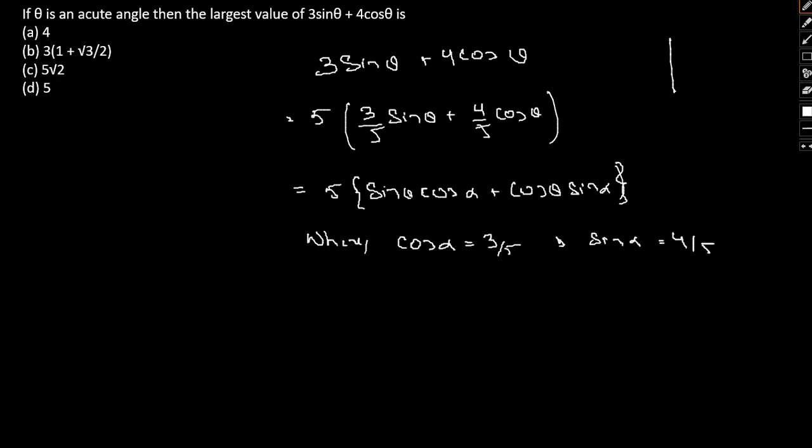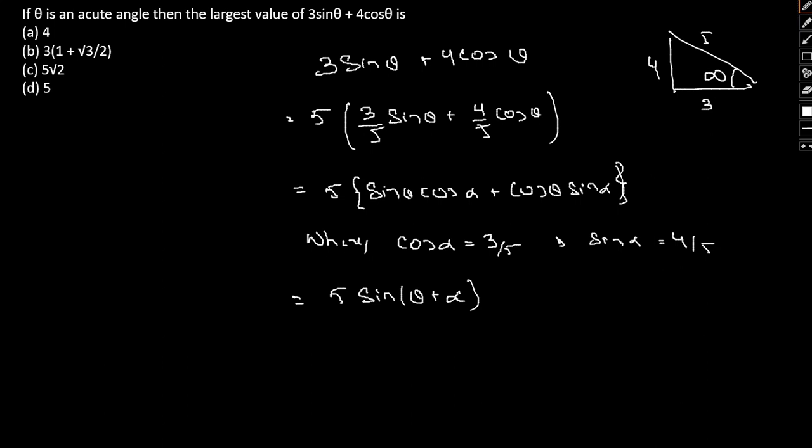Basically we have taken a right angled triangle, so this is what we have considered. So sin A cos B plus cos A sin B, this formula is nothing but the representation of sin of theta plus alpha. This angle is considered as alpha.